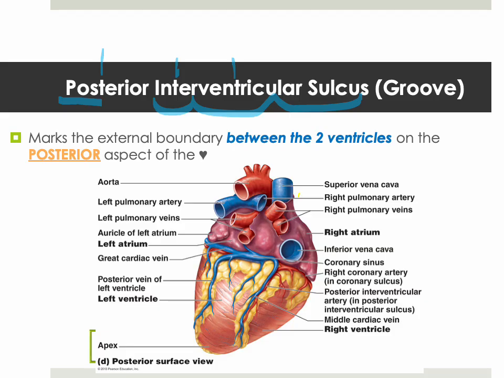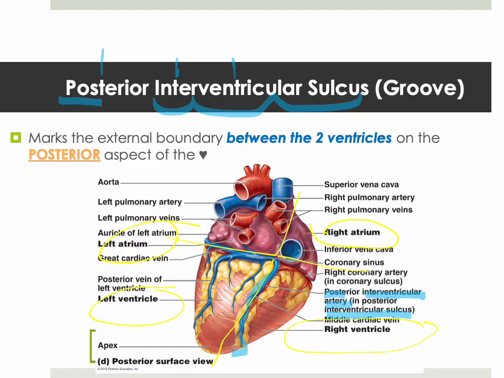If you guys see, we have right atrium, left atrium, we have a left ventricle and a right ventricle, okay? The sulcus is going to be here, okay? If you look at the text, it says posterior interventricular artery, which is in the interventricular sulcus, okay?